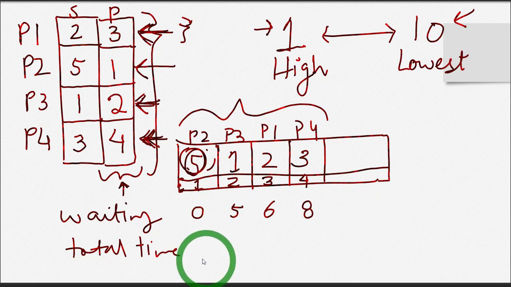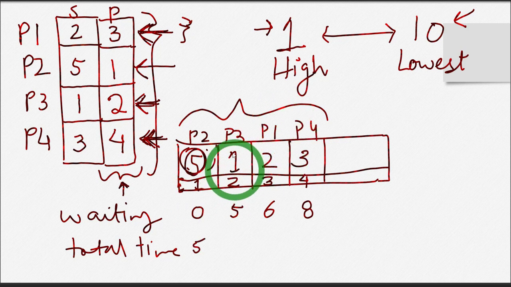Now let's come to the total times. Total time is always equal to service time plus waiting time. The total time is the total amount of time that this process has to spend in the queue. That time is equal to its own service time plus the time it waited for the other processes. So for the first it will be 5 plus 0, which equals 5.